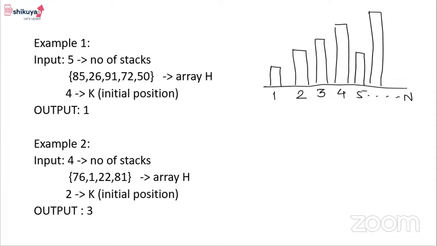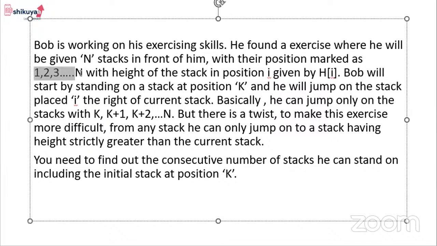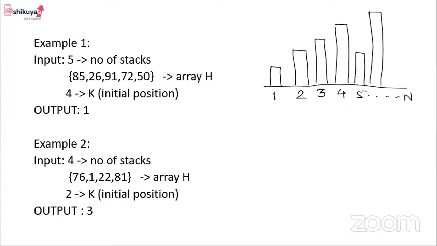And here Bob is standing on a particular stack position. First of all, you need to understand that the positions are marked as 1, 2, 3, and this goes up to n, with the height of the stack in position i given by h of i.